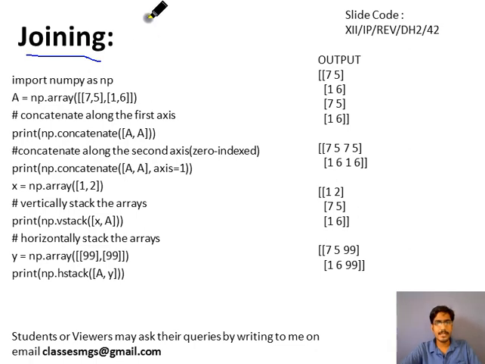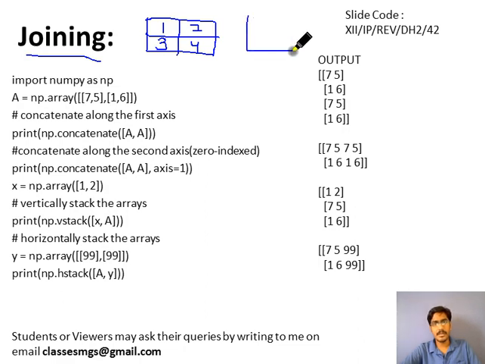So joining means there are two arrays. Let's suppose these are the two arrays. Let's suppose this is one array: 1, 2, 3 and 4. And let me give you an example.